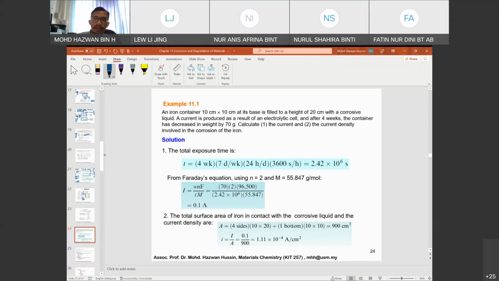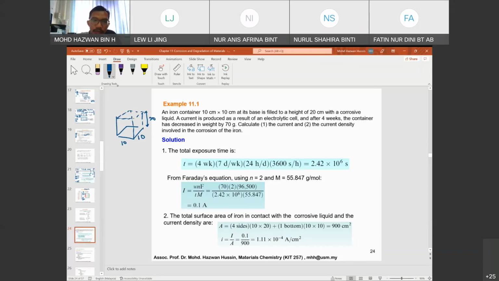To answer this question, it is easier for us to imagine. So we have a container with a base of 10 times 10, filled with corrosive liquid to 20 centimeters in height.